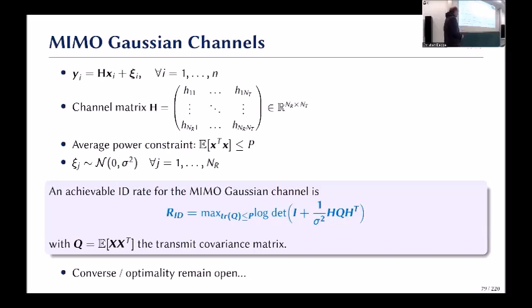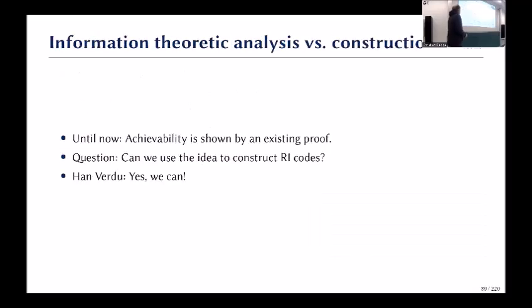For the single case, we have the converse. For the minor, the converse remains still open. So what we did until now, we showed the achievability just by existence proof. The question is, can one really construct also this code to make them usable? Because you know, also Shannon's result doesn't really help to construct codes.